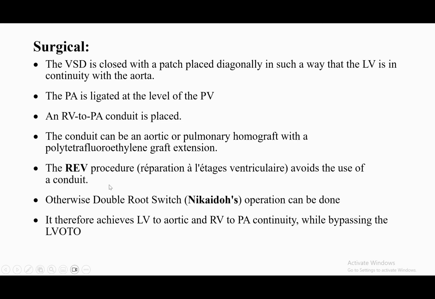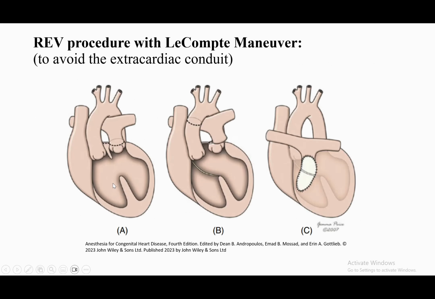The REV procedure is short for réparation à l'étage ventriculaire. This avoids the use of a conduit. This is the REV with the Lecomte maneuver. In this case, we do the same as the Rastelli.